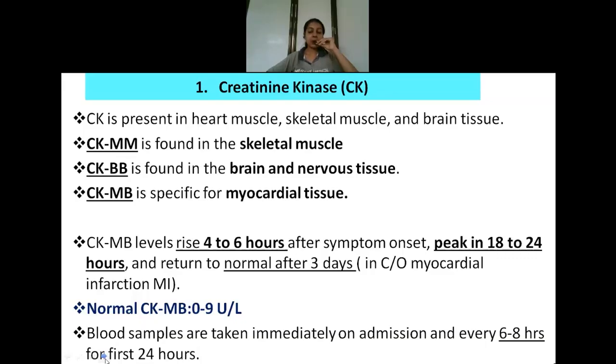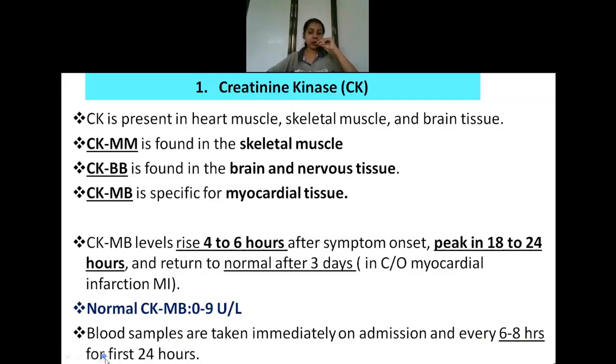Immediately after a heart attack, within 4 to 6 hours it will start to rise. It will peak, meaning it will be at its highest, in 18 to 24 hours, and then it will come slowly down within 2 to 3 days.